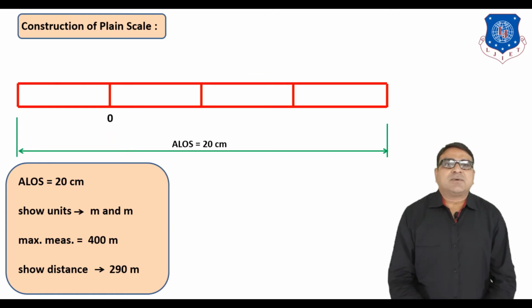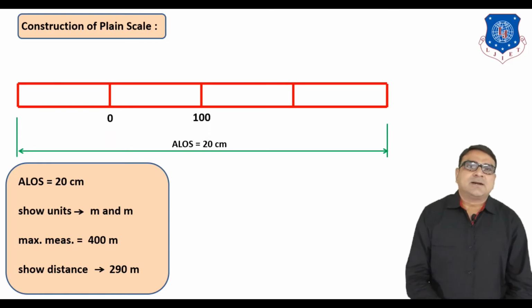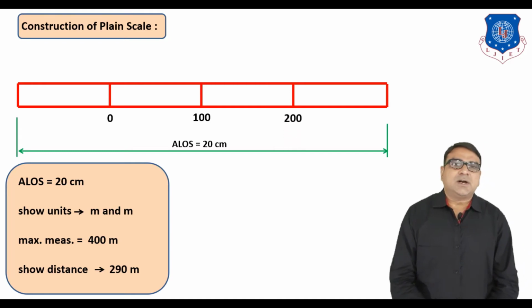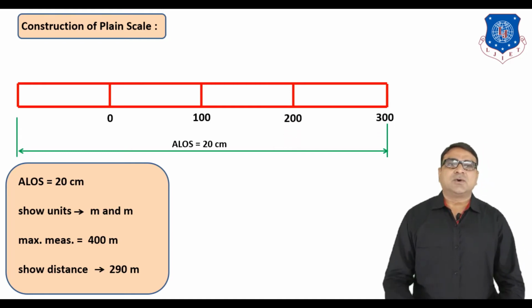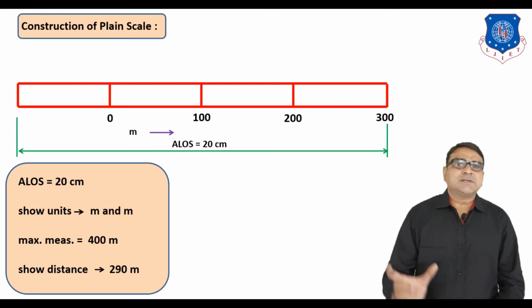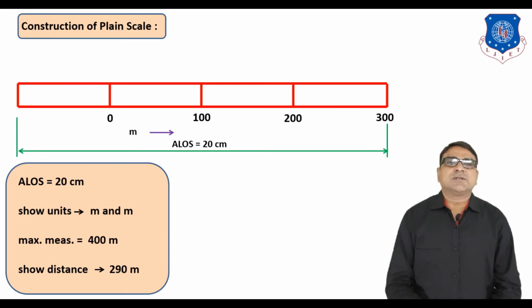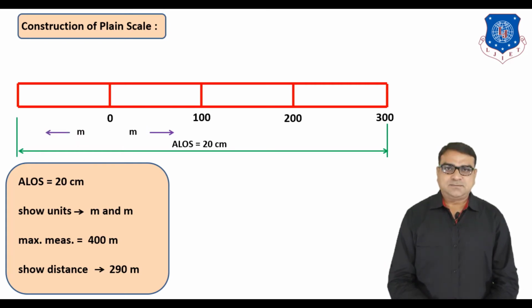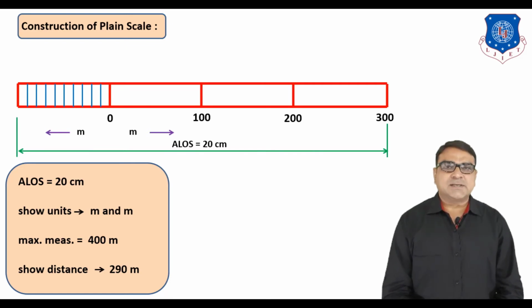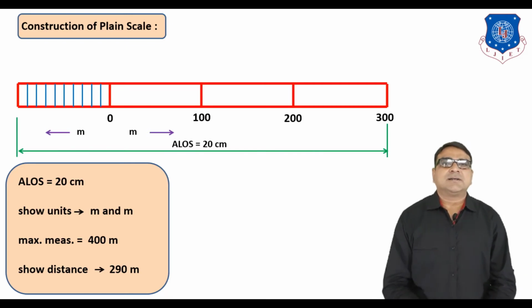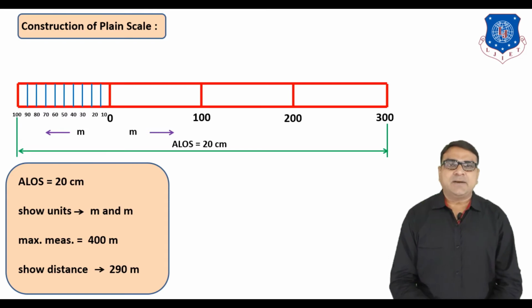So put 0 after one division, then 100, 200, 300, total 400 meter. Now the first part before 0 also represents 100 meter. So divide this part into 10 equal parts, in which one part represents 10 meter.